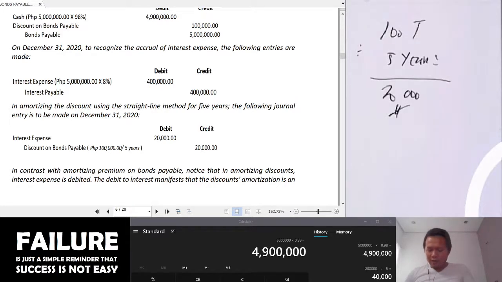That is why, in amortizing your discount, we debit interest expense, to imply that because of the discount, you have additional interest expense annually. Then credit your discount at 20,000.